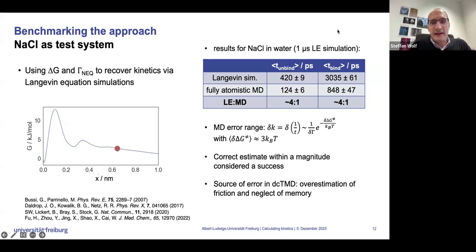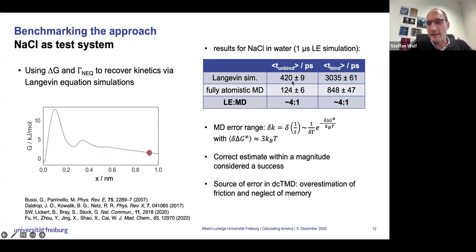There we performed our calculations and obtained a very well converged free energy landscape that you see here on the left side, which corresponds very well to the free energy from unbiased simulations. We checked that, and then I calculated our respective rates.